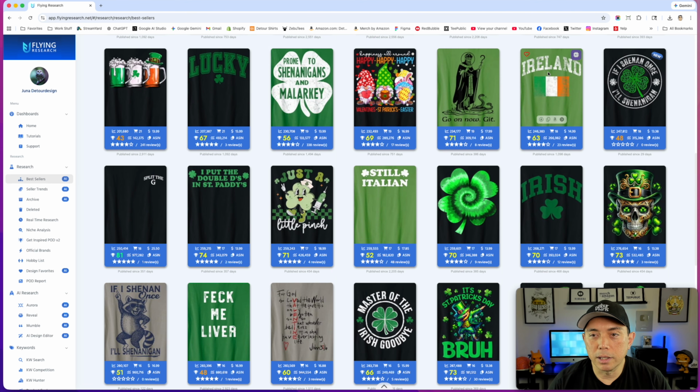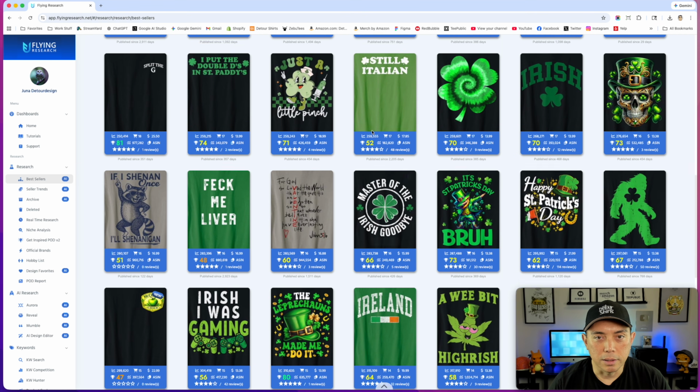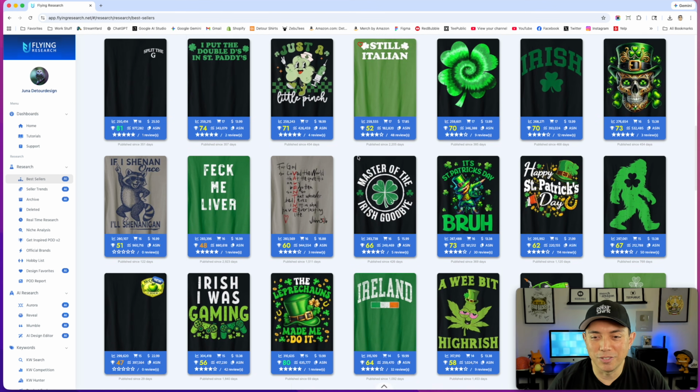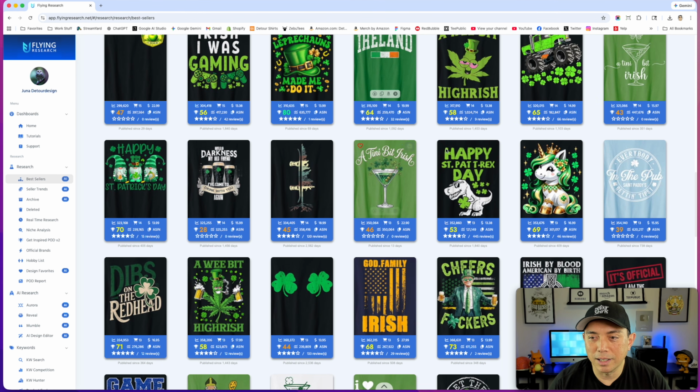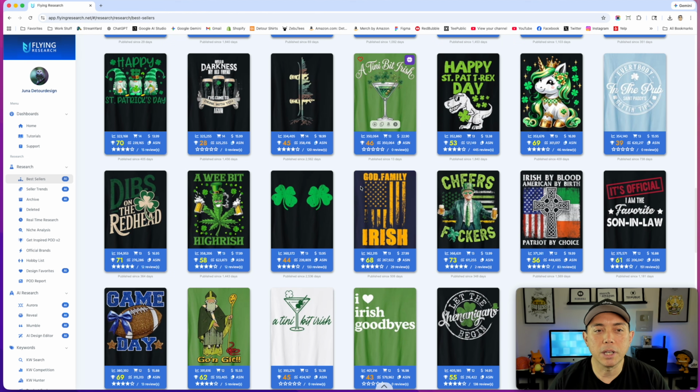Let's see, Ireland definitely could be something that people would wear throughout the year and not just St. Patrick's Day. Let's see, still Italian, that could be something. Let's see, Ireland again. So if you create something that is for St. Patrick's Day, but also funny enough to be worn throughout the year, I think you can capitalize on both, which is a really cool idea.